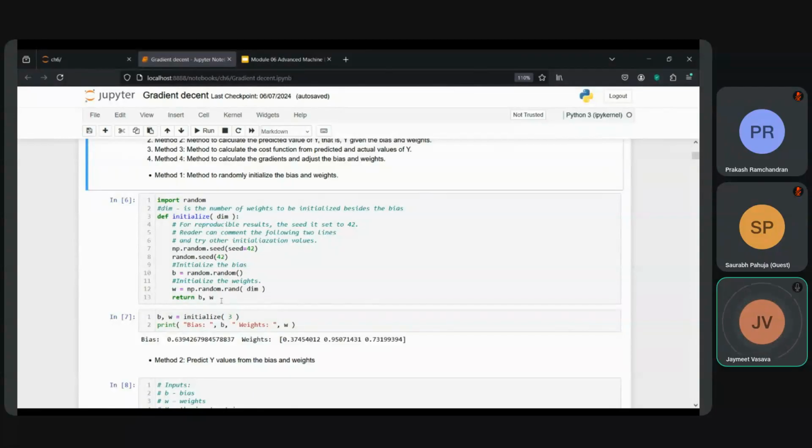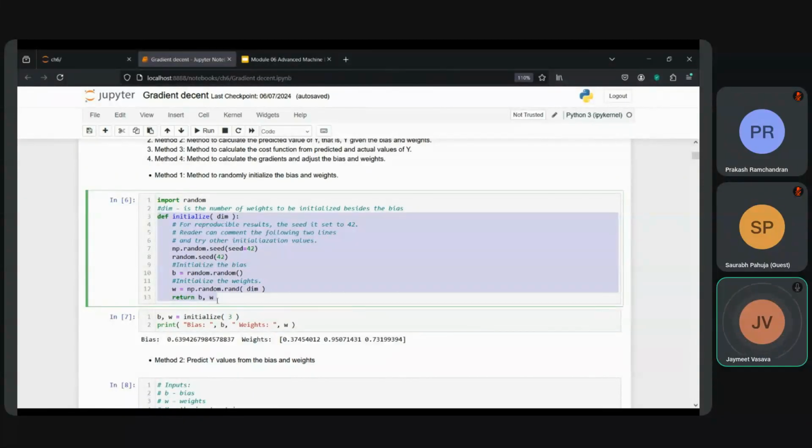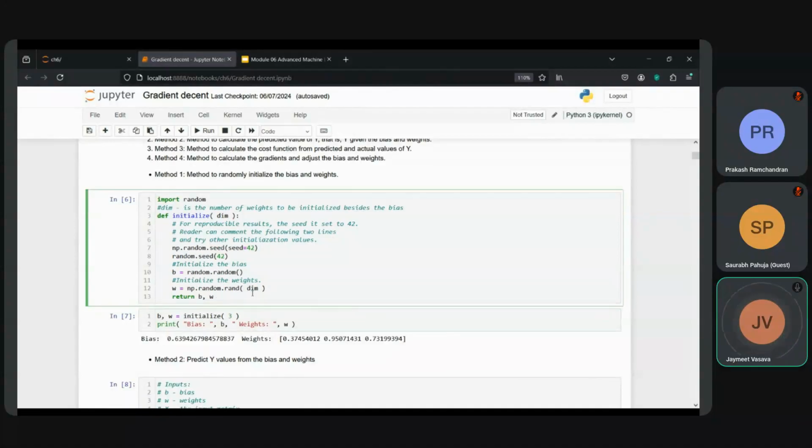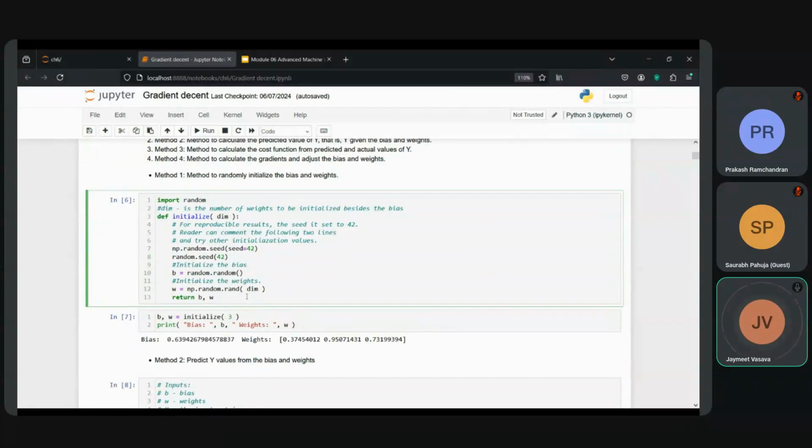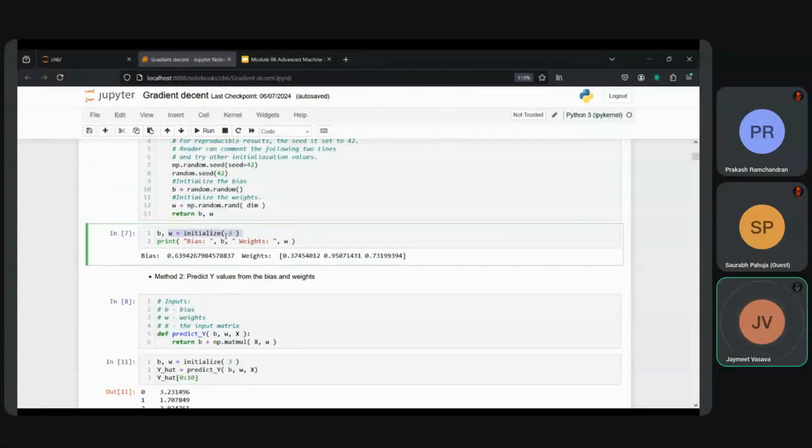So we wrote a function called initialize, which took the number of weights that it was supposed to go for. In our case it was 3, so we did it with 3, and the values that we got for bias and weights are these.